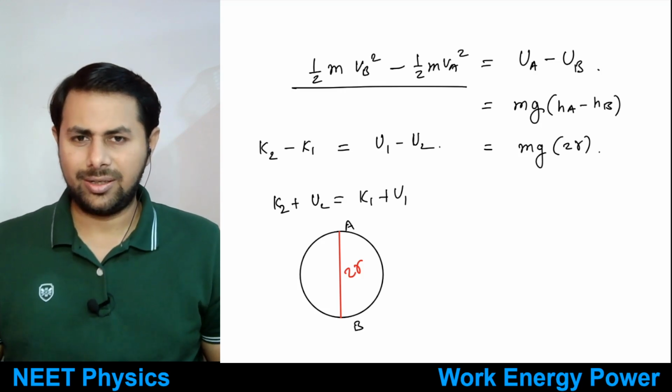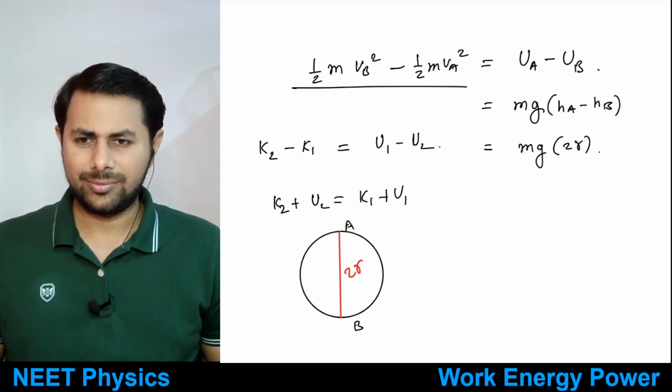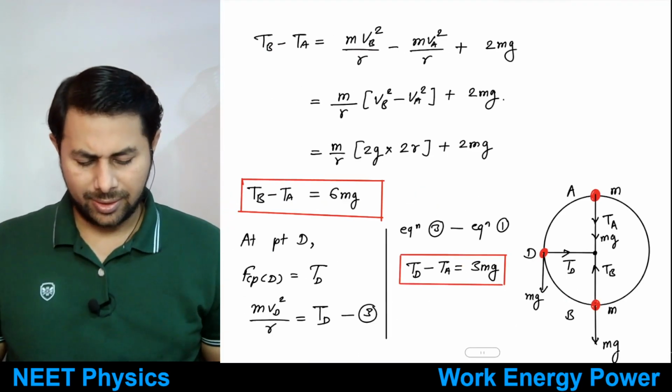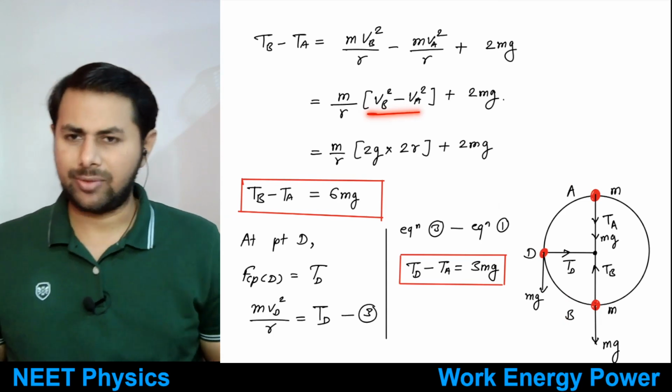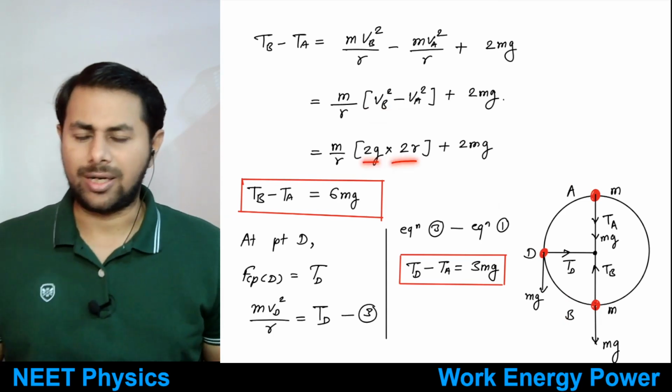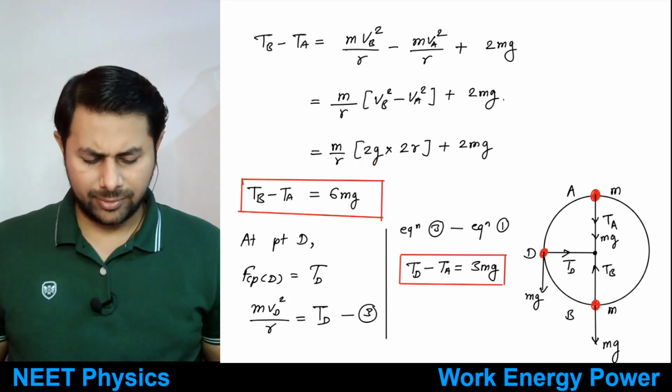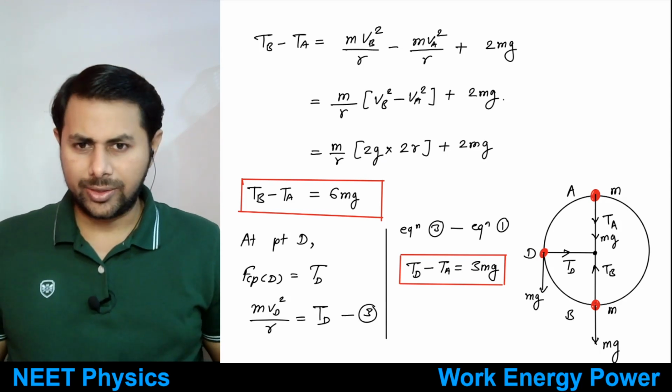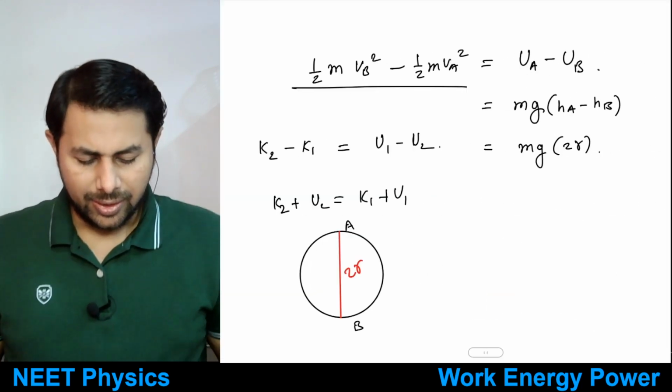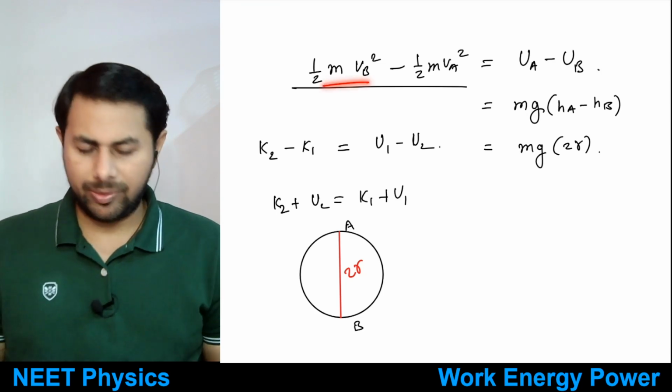Yes, no? Right. And therefore, what is Vb square minus Va square? 2g times 2r.